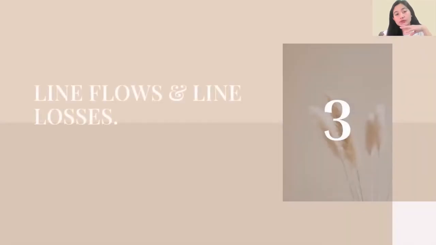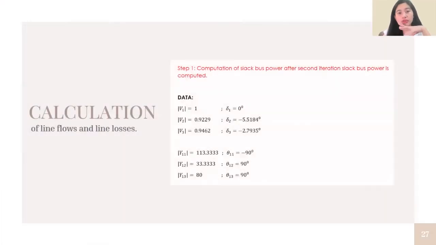We are to solve now for the line flows and the line losses. Okay? So the first thing is that we have to compute for the slack bus power after the second iterations. Disclaimer, since yung ating Gauss-Seidel and Newton-Raphson, may discrepancy sila, di ba? They have to be similar in the values.